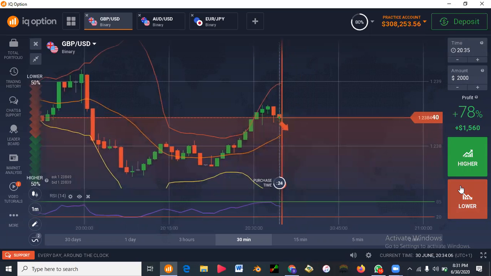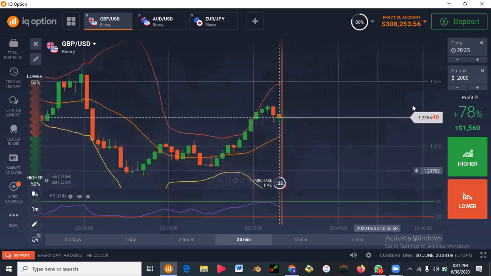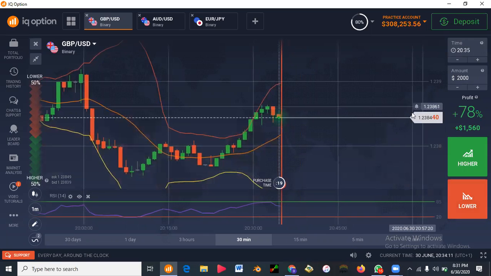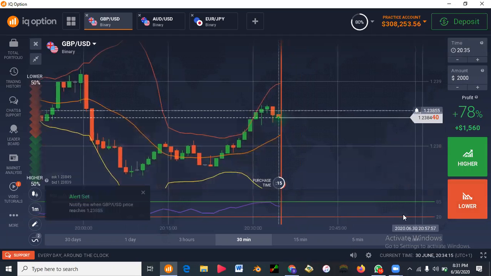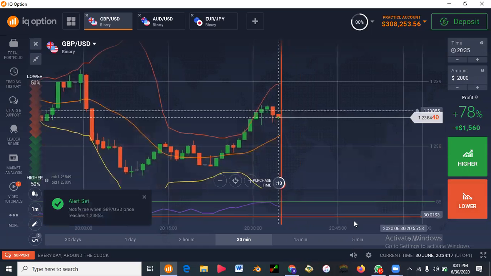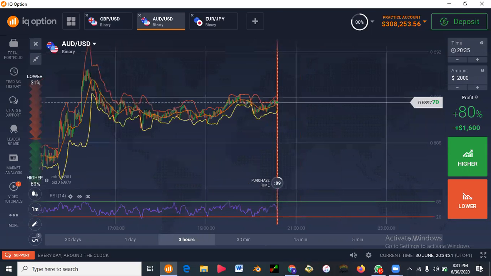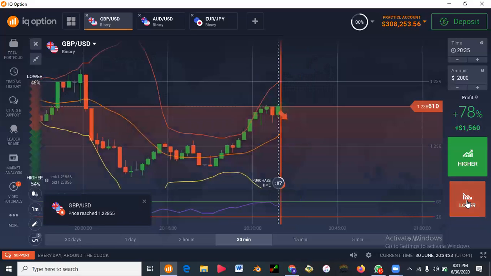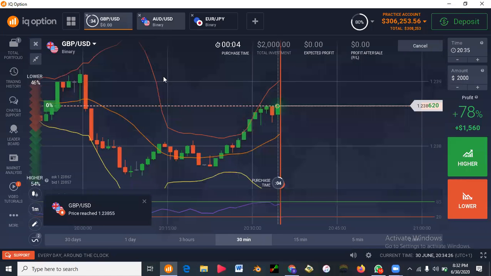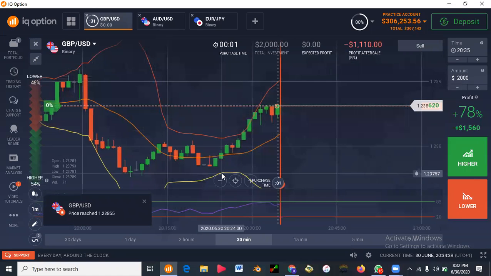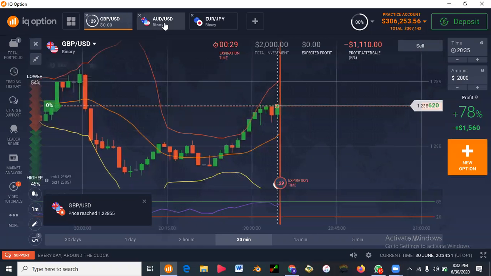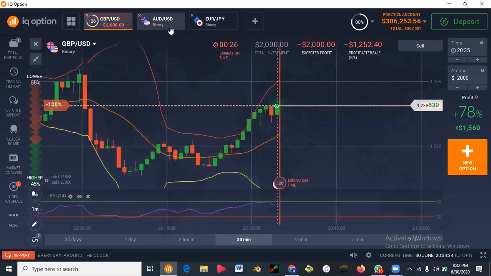So when I see a rejection, and this gets to this point, I'll take a trade. So I took a trade. This type of trade is kind of risky, to be honest.